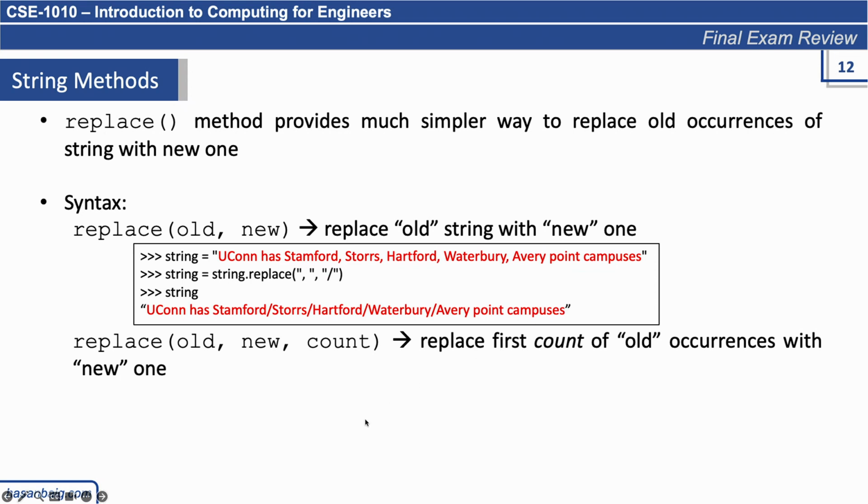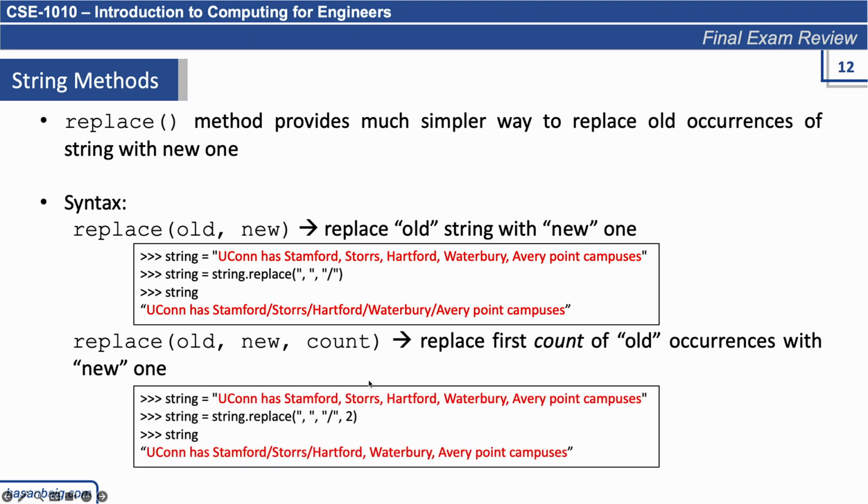Here we can also specify how many occurrences of an old string we want to replace with the help of a count parameter. So here we are specifying 2, which means that we only want to replace the first 2 occurrences of the old string. Here you can see the first one is after Stanford, which is replaced here with the /, and then we have the one after Stores.